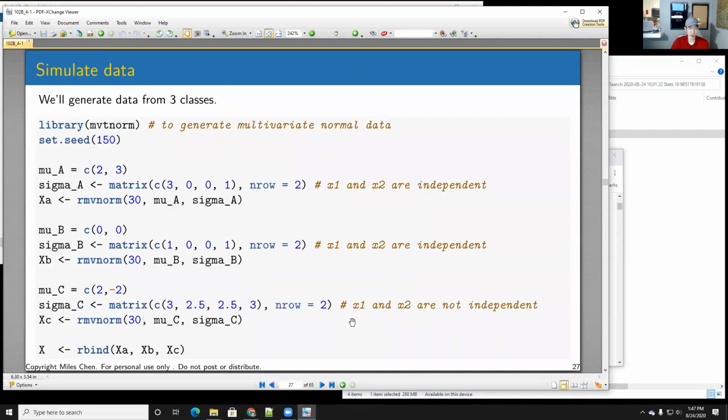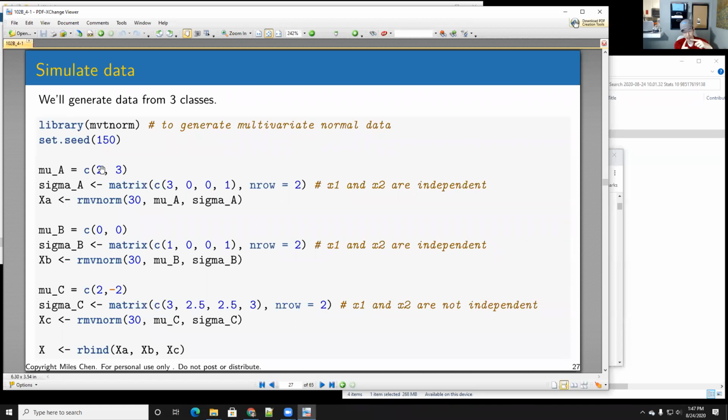All right, so I can generate data in R from the multivariate normal distribution. We can do this using a package called MVtnorm, for multivariate normal. Super useful. Here I'm going to generate data from 3 multivariate normal distributions. This is all 2-dimensional data.